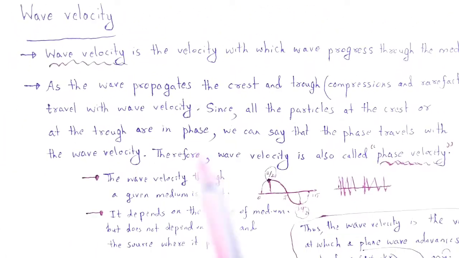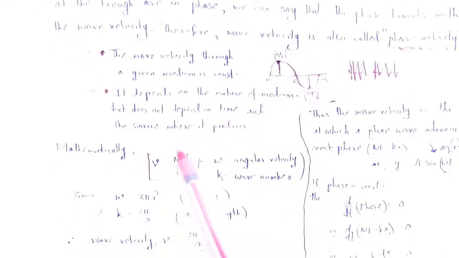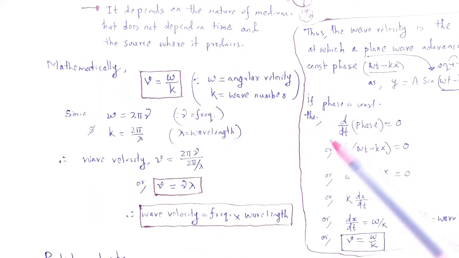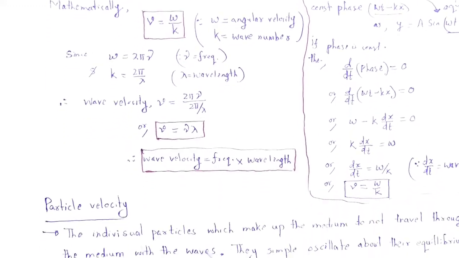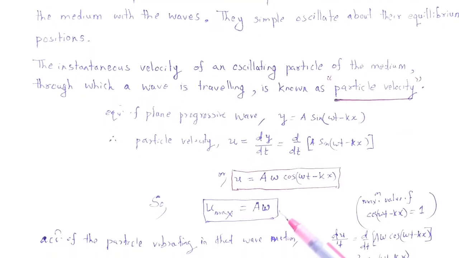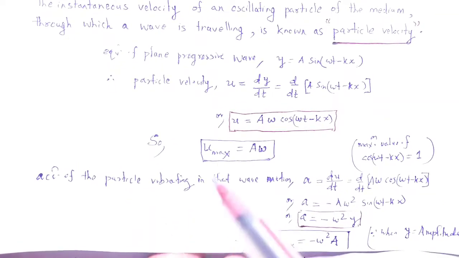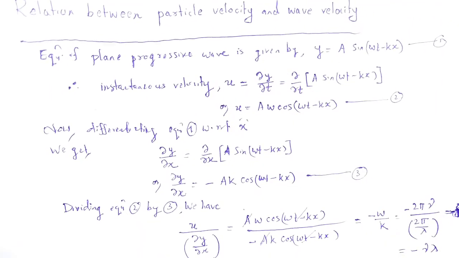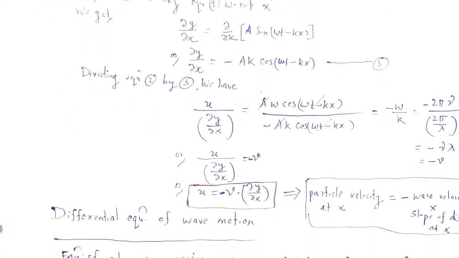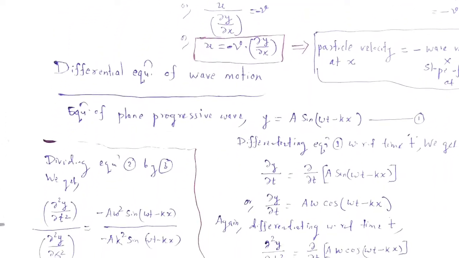So with the help of this video lecture, we understood what wave velocity is, which is known as the phase velocity, some key points, and its mathematical representation. Then particle velocity, its mathematical representation, and acceleration of that particle, the relation between particle velocity and wave velocity, and the differential equation of wave motion.